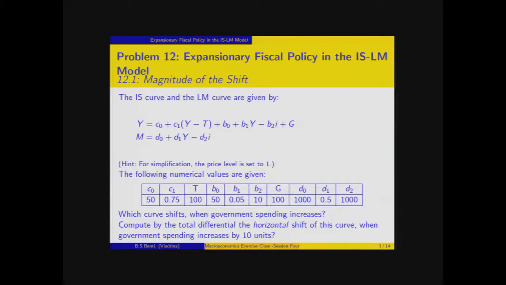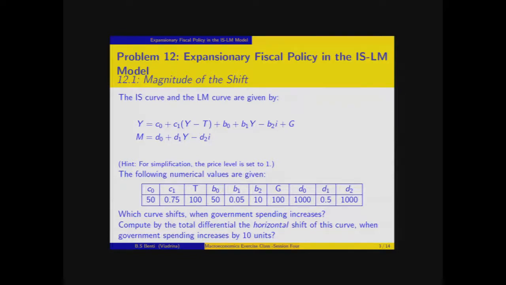For simplicity, we have set the price level to be 1, so M over P, which is equal to d0 plus d1 multiplied by Y minus d2 I, becomes only M in the LM representation.